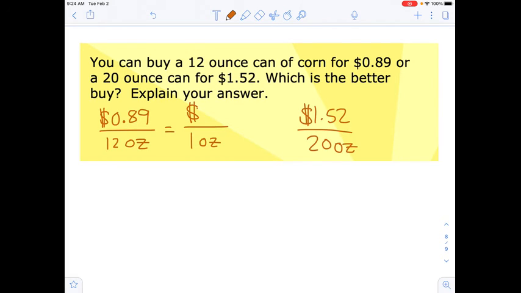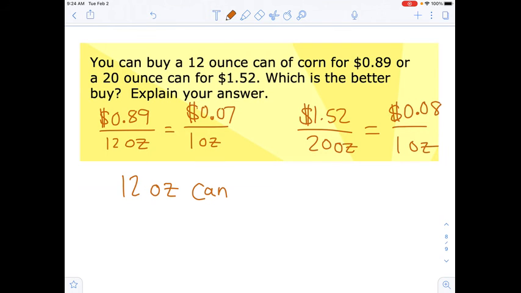And rounded, I get about 7 cents per ounce. Okay, then for the 20-ounce can, to get it to be out of 1 ounce, I'm going to divide both by 20. So I'm going to take $1.52 divided by 20, and rounded, that would be 8 cents. So the better buy would be the 12-ounce can.